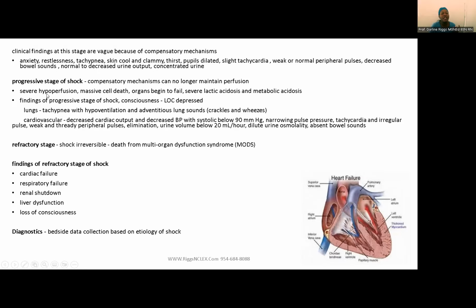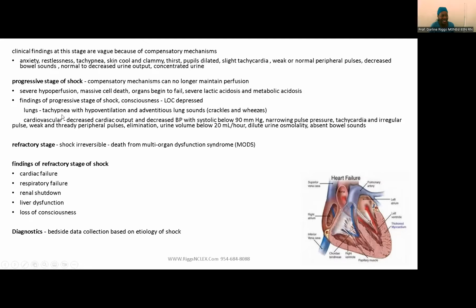They become severely hypoperfused. Cells are dying, organs are failing. They're in a severe lactic acidosis and metabolic acidosis. So at that point, they have a decreased level of consciousness, obviously.